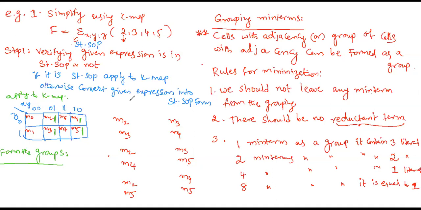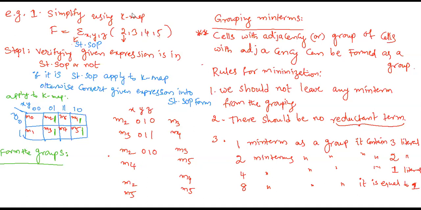Okay. Now we'll check X, Y, Z. Write down the corresponding cell XYZ values. M2 cell XYZ value is 0, 1, 0. M3 cell XYZ value is 0, 1, 1.